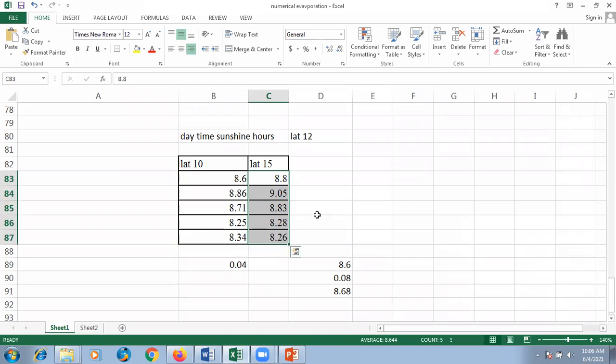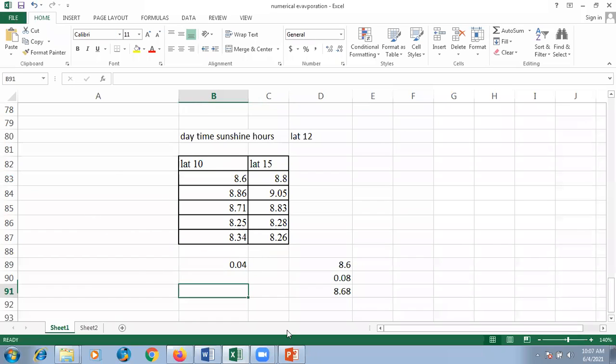But the place at which you need to determine the evapotranspiration is at latitude 12. Because of that, you need to obtain the values for latitude 12 through linear interpolation using latitude 10 values and latitude 15 values.